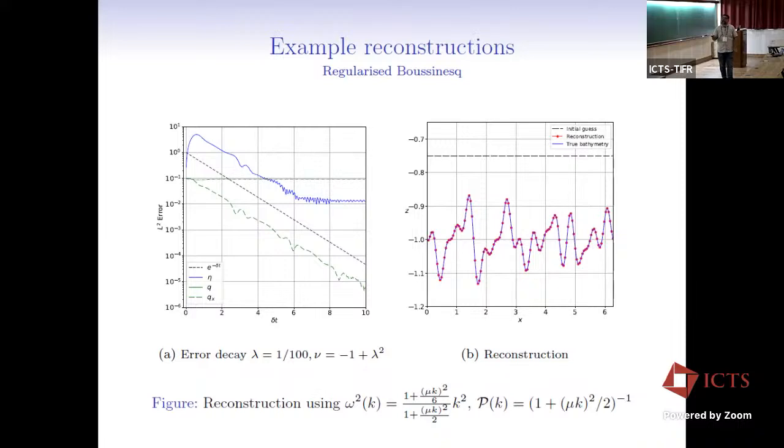The green line that's actually flat, that doesn't seem to show any decay, is the error in the potential. There's a difference between the error in the potential and the error in the velocity. The velocity is the gradient of the potential, right? And the error in the potential doesn't go to zero, but the error in the gradient of the potential goes to zero. What that says is that for the k equals 0 mode, the average potential, you've got wrong, but the average velocity you've got right.